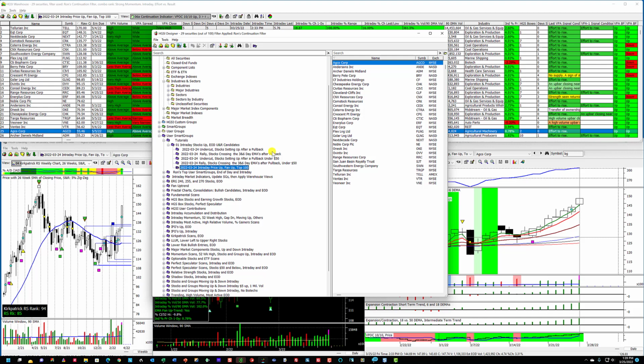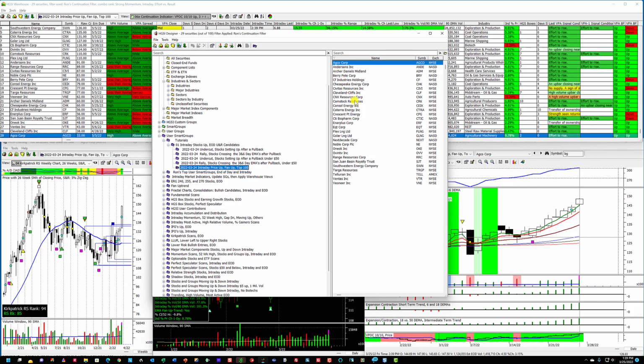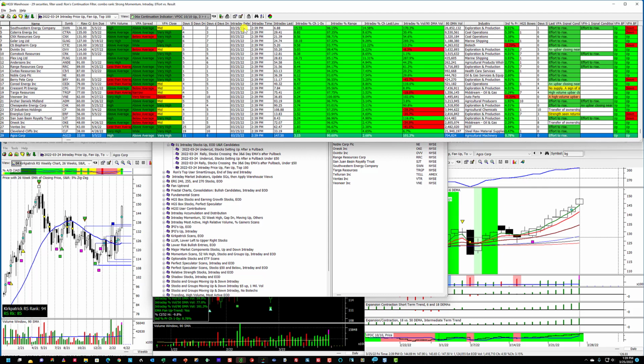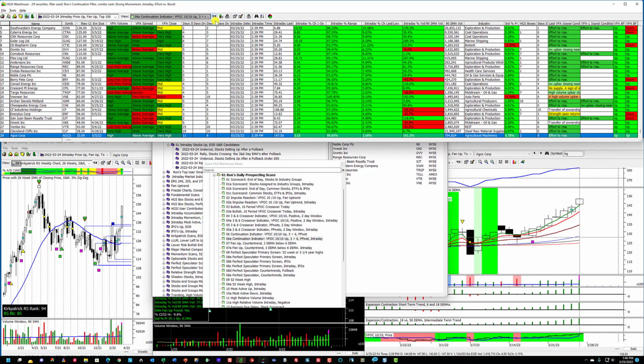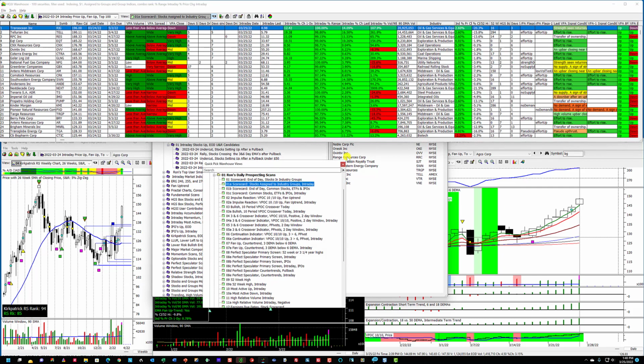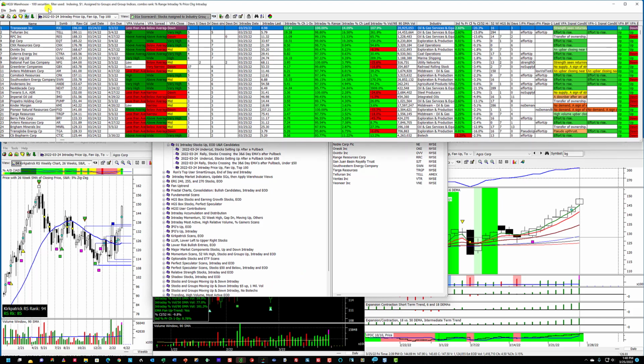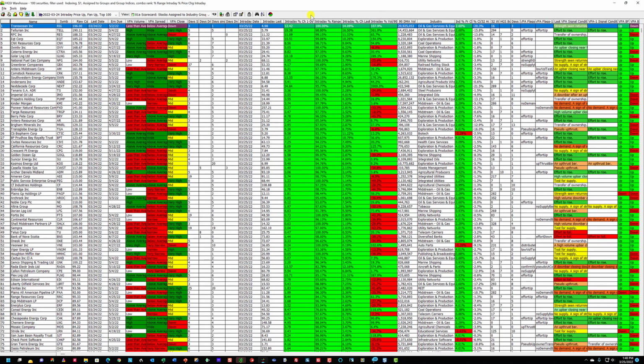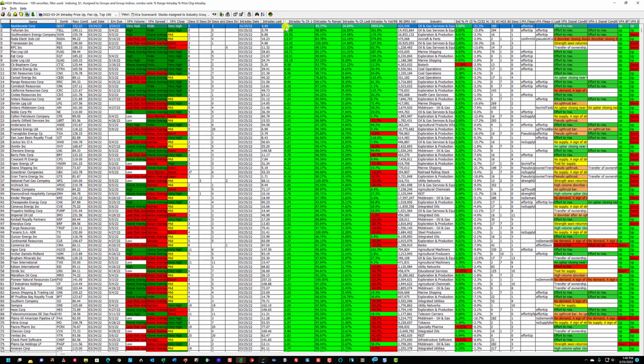I'm only getting this number of stocks. But if I click through and go back up to my intraday scorecard, you can see that I have all 100 stocks and every one of them are up.